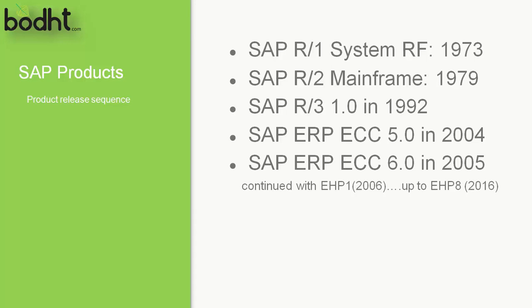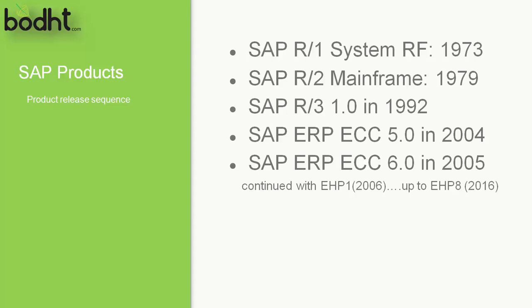After 2005, based on customers' demand, they stopped releasing new releases like 5 to 6, 6 to 7. Instead, they are now continuing with releasing the updates, improvements or patches as enhancement packages 1, 2, 3.